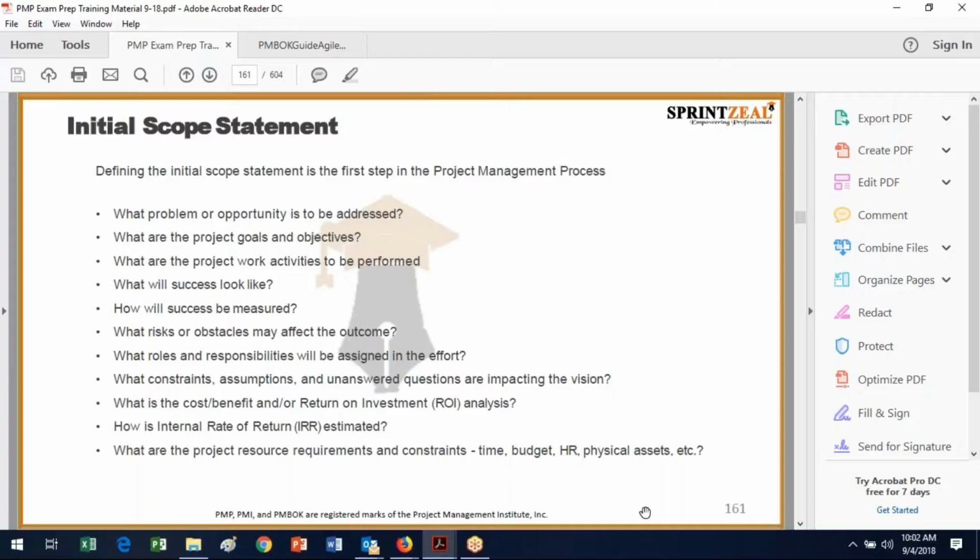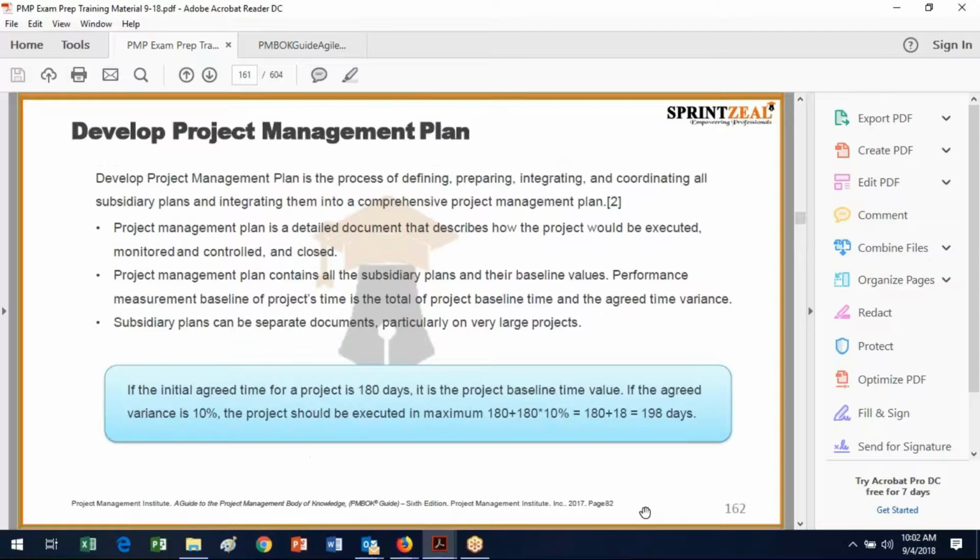So we want to develop our project management plan, and basically this is the outline for the rest of the document. So this contains the information, and the project management plan, as stated earlier, is input to most of the other planning, or maybe all of the other planning processes.